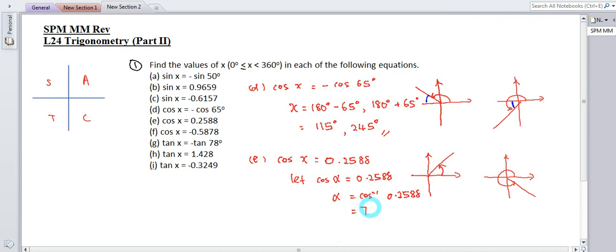So now we know that the reference angle is 75 degree. Okay, here or here. Now we know that x is actually 75 degree or 360 minus 75 degree. So the answers for x is 75 degree or 285 degree.